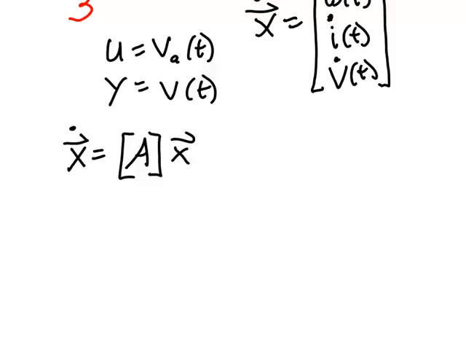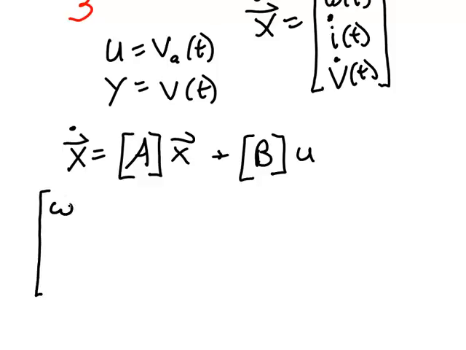The matrix A times the state vector plus the matrix B times the input. And remember that the input could be a vector if you had more than one input. I'm just writing it as a scalar since in this class we're focusing on SISO, that is single input, single output systems. So let's take this equation and translate it with the actual variables that we have identified.